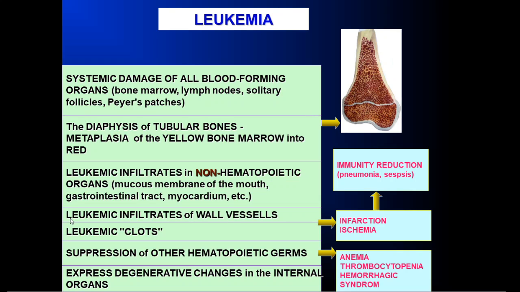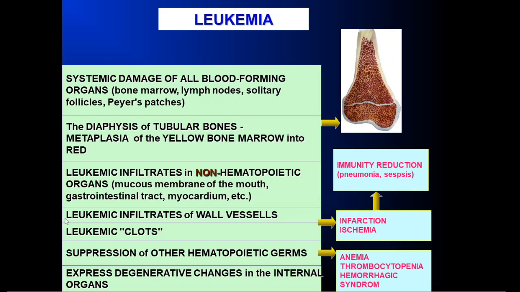Moreover, as you see, we have leukemic infiltrates of the wall of the vessel. What does it mean? It means that we have damage of the wall. Even more, we have small ruptures of the wall. So that's why blood can just flow out from the bloodstream. That's why we have hemorrhagic syndrome.